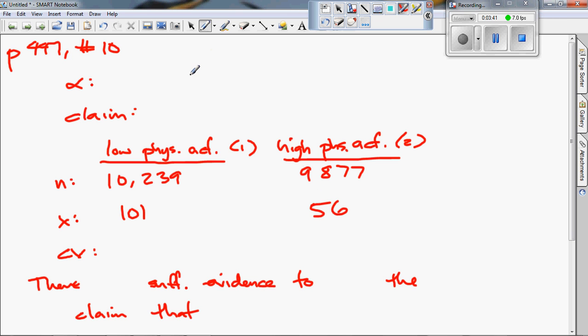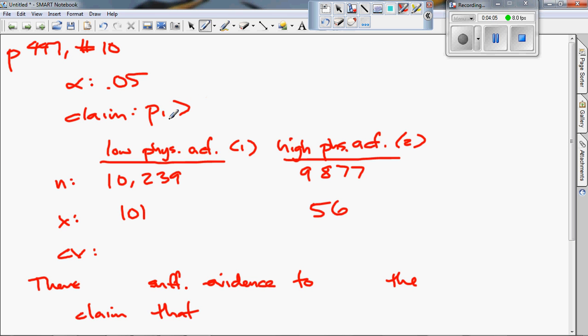So we want to test the claim. Again, this is number 10. We're just using the information from number 9. We want to use a 0.05 significance level to test the claim that the rate of coronary heart disease is higher for women with lower levels of activity. So lower level was our 1.